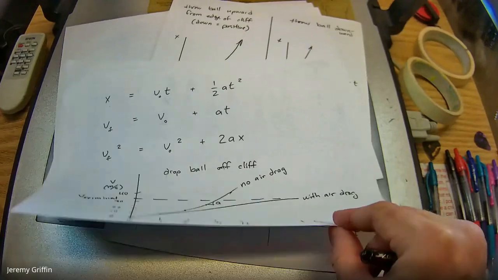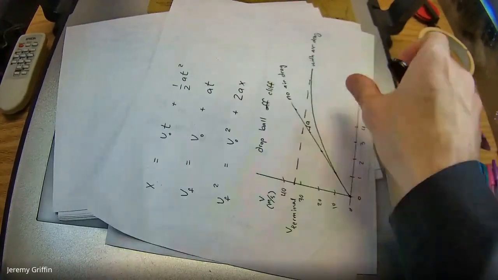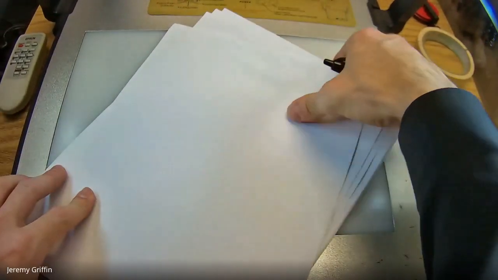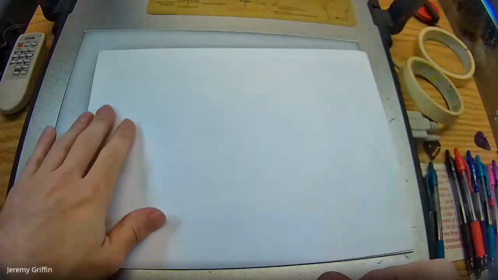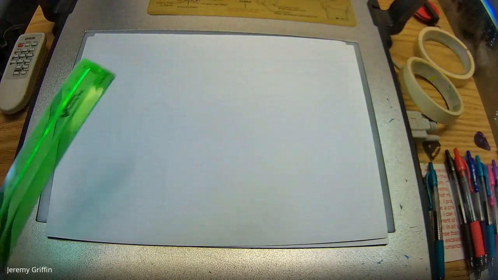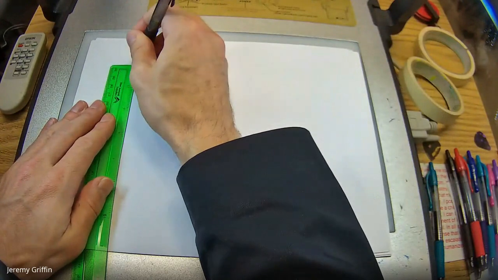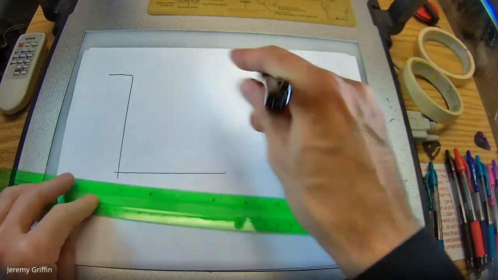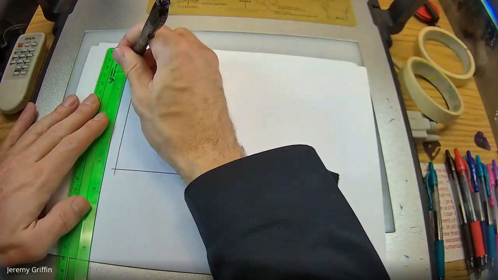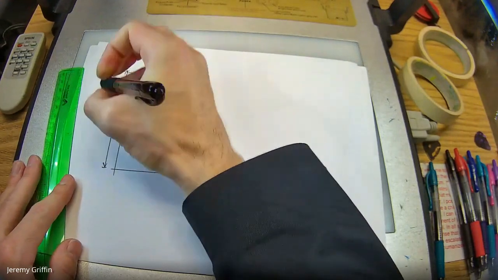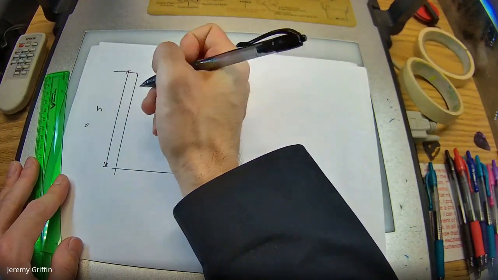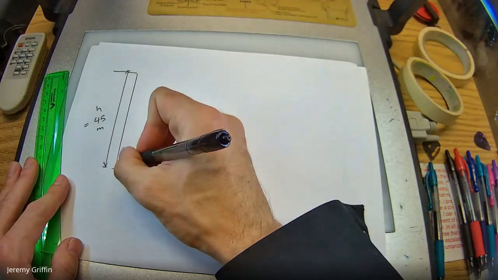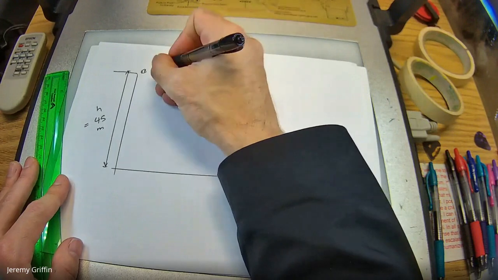Let me throw you one more scenario, because all the linear stuff we've done so far has involved time. But I can throw a scenario at you that bypasses that. What if you have a cliff of known height, say 45 meters, and you release the ball from rest?